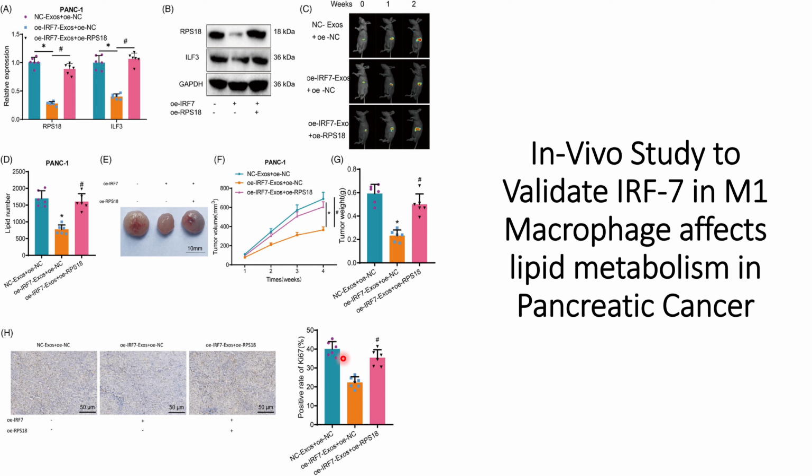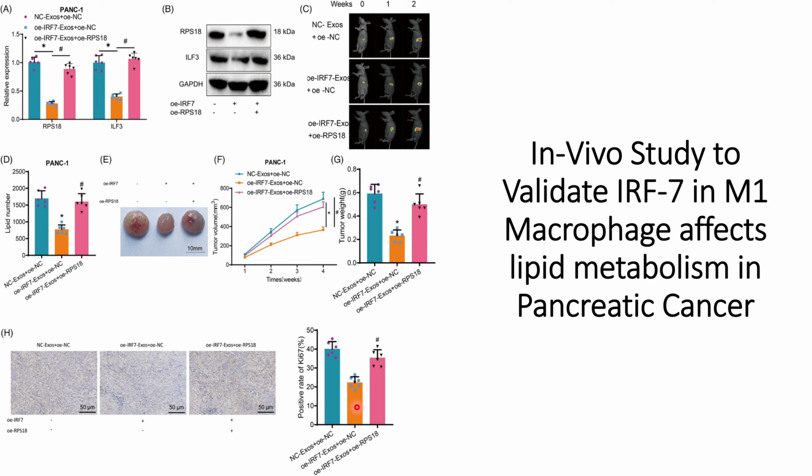We can see that when IRF-7 is overexpressed along with RPS18, the Ki67 positive cells again restore and are in line with the conditions where the wild type negative control exosomes and negative control overexpression lentivirus plasmids are used.